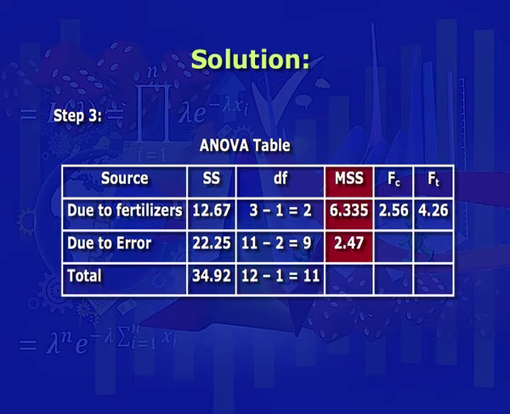In the next column, we calculate mean sum of squares. Mean sum of square can be obtained as sum of square divided by degrees of freedom. So here due to fertilizer we divide 12.67 by degrees of freedom 2, we get the answer 6.335. Similarly, due to error, the mean sum of square is obtained as 22.25 divided by 9, so we get the answer 2.47.